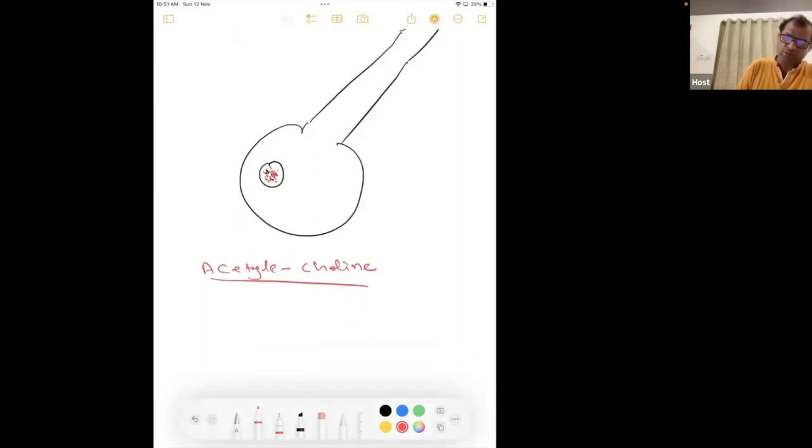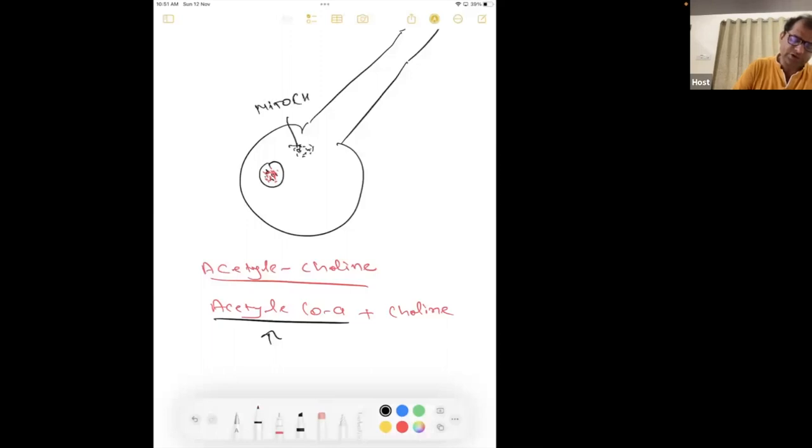Acetylcholine is the combination of two things. Number one, acetyl CoA, and number two, choline. Acetyl CoA is coming from mitochondria. Mitochondria is the energy engine. This is a theoretical part, but we have to have the full idea.